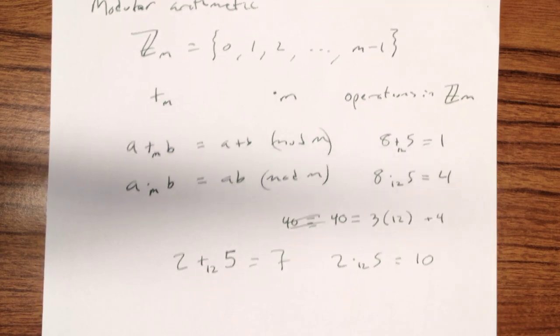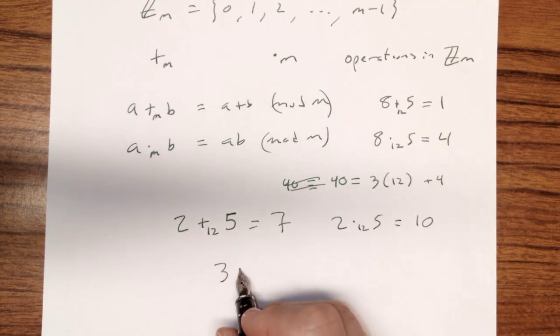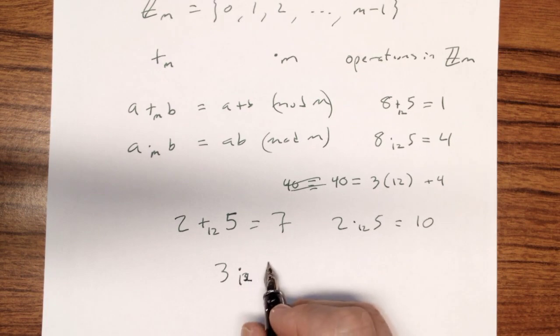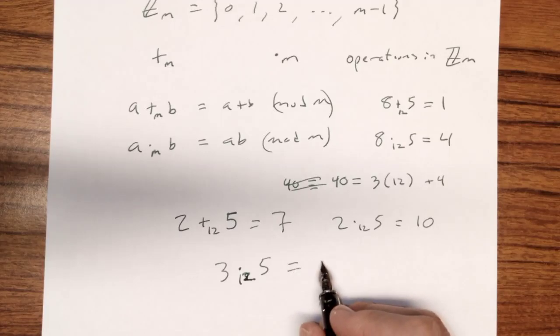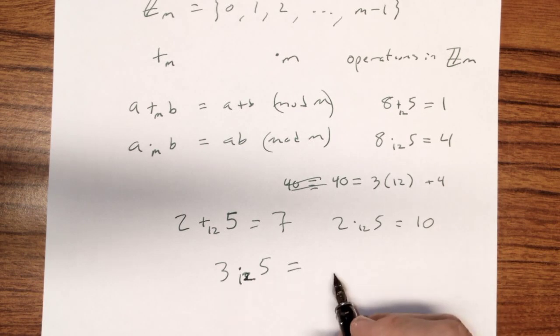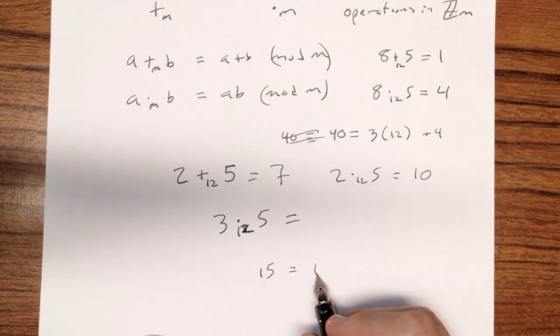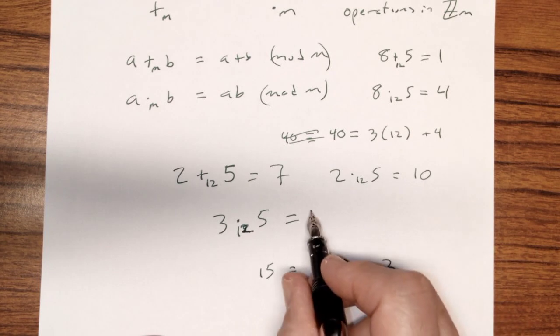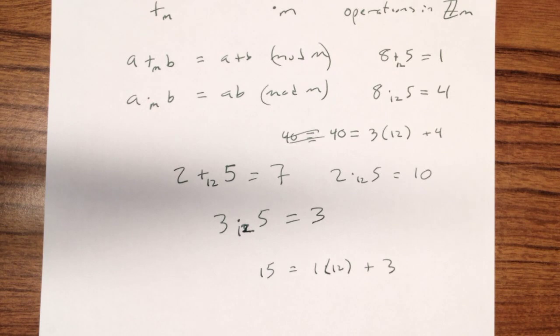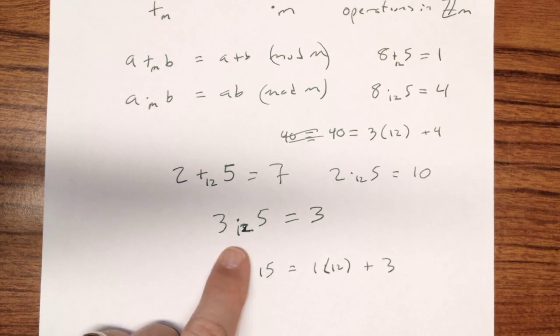Well, that's also not bigger than 12, but what's 3 times 5? Well, wait a minute. 3 times 5 is 15. But 15 is 1 times 12 with 3 left over. 3 times 5 is 3 on the clock arithmetic.